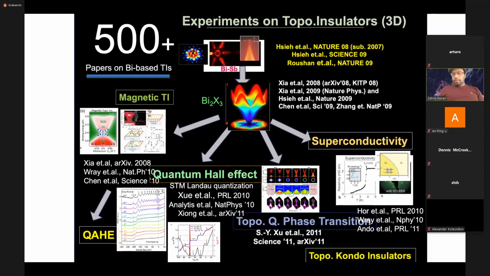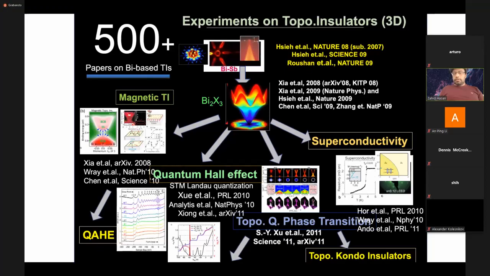There are claims of topological Kondo insulators. So the field exploded shortly after that, because these materials were demonstrated to be capable of doing these things. So all these things, I'm just citing what happened in bismuth-based topological materials.